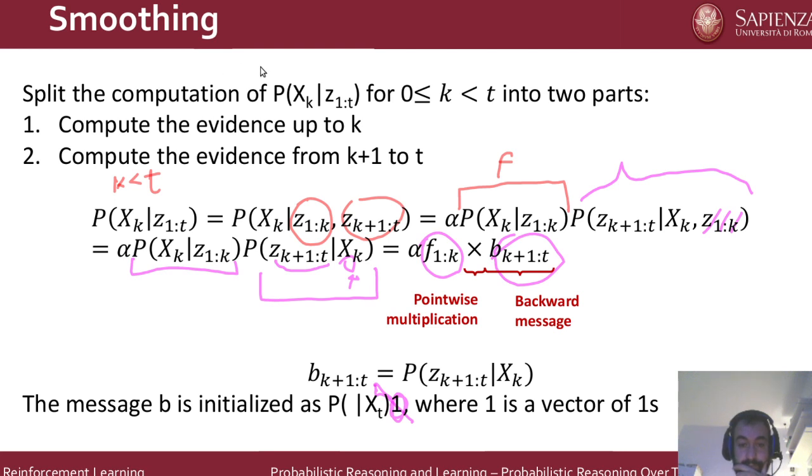So we might be interested, for example, in whether it was raining on Wednesday, given that we saw the observations of the umbrella from the first day until Sunday, which is our last day where we took the observations. How do we do this? We can first of all compute our estimate in the forward way as we do usually until Wednesday, and from Wednesday on we need to go backward.